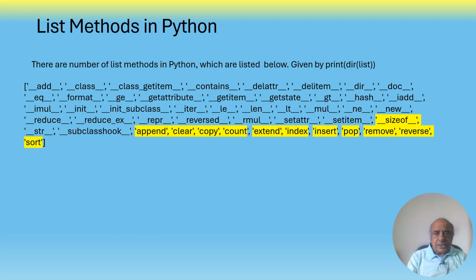All the highlighted methods are discussed in this video. All other methods are rarely used, so they are not included. In this video we will discuss the methods which are regularly and often used by programmers. All other methods we will see later on.